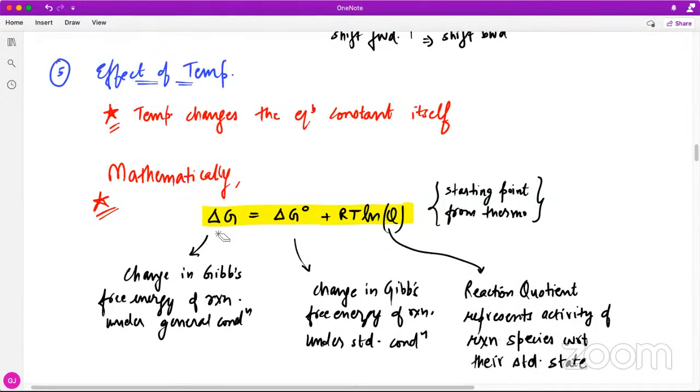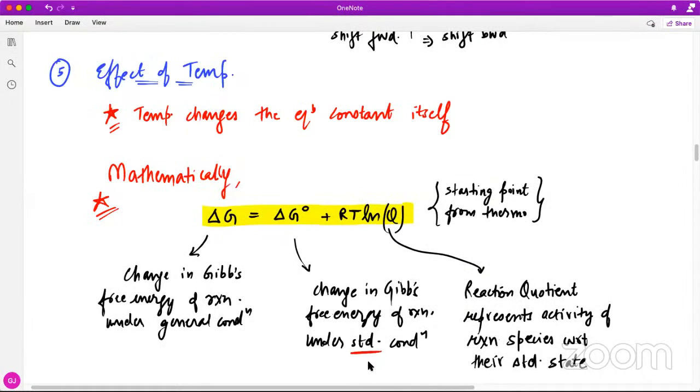That delta G, you remember delta G is the free energy change of a reaction, right? Under general conditions, where delta G naught was the Gibbs free energy change of the reaction under standard condition. Do you remember what was standard condition as per thermodynamics?